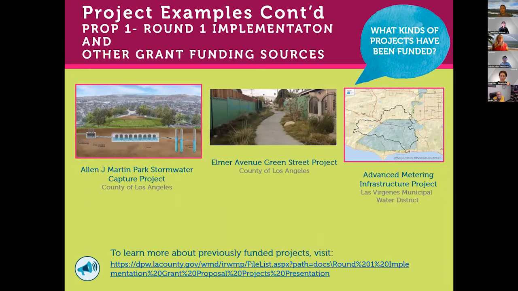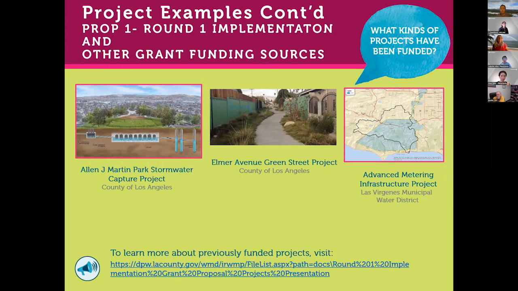And these are more of the projects that are related to some of the interests of this group. There's a stormwater capture project in LA County. There's the Elmer Avenue Green Street project in Los Angeles County. Some of you may have heard of that before, which has multiple benefits.